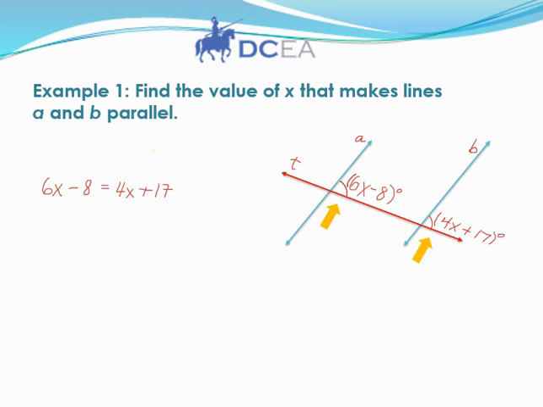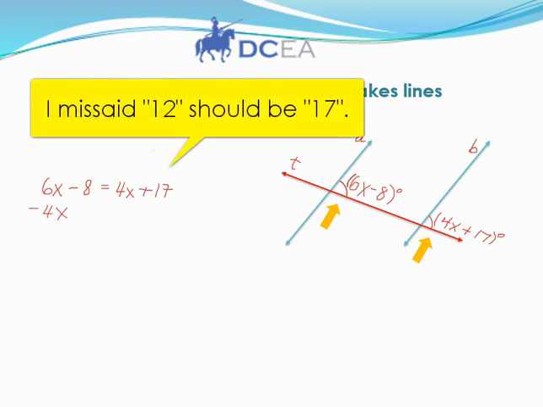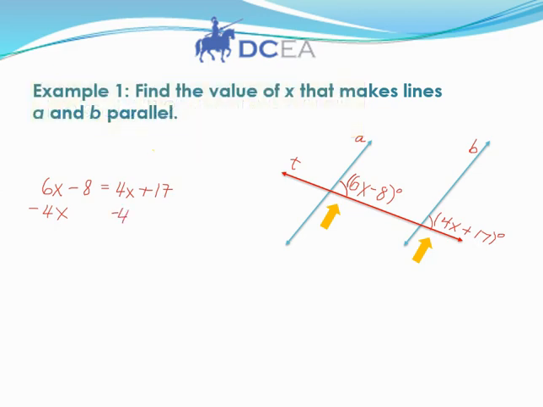and then we can solve. So 6x minus 8 equals 4x plus 12. We'll go ahead and subtract 4x from both sides, and then we'll add 8 to both sides to solve this.